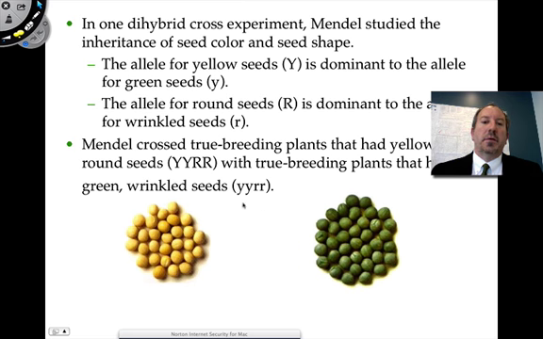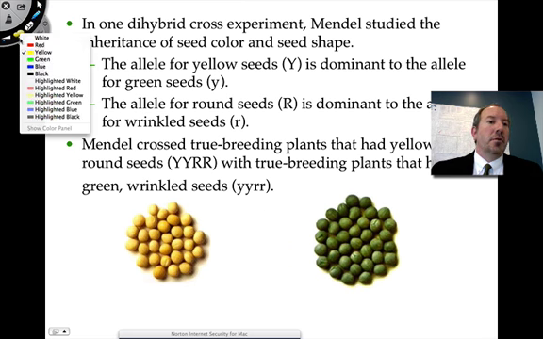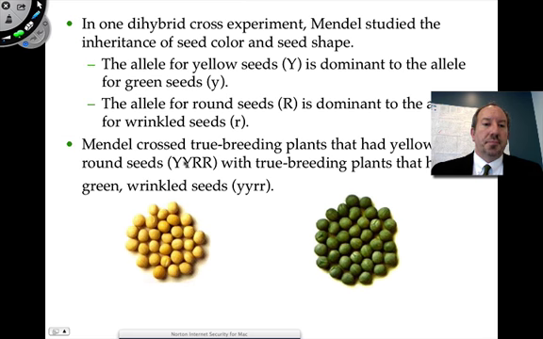And what do you get from this particular cross? Well, let's look. This right here is the diploid of this. The only kind of pollen that would come from this plant is yellow and round. Do you see how I'm separating the homologous pairs?